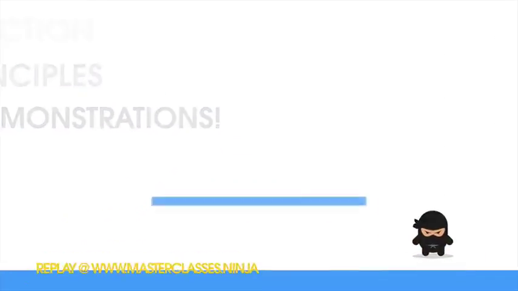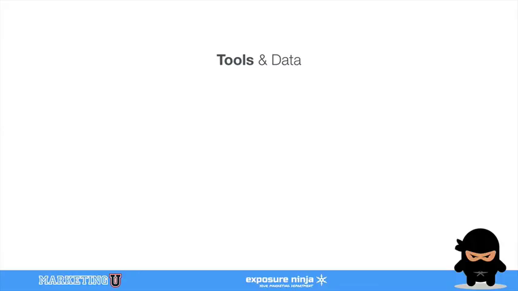But firstly, I want to talk about the importance of tools and data. Now, obviously, competitor analysis is one of those things where there is such a vast amount of information available, right? There are billions of web pages out there, billions of searches happening every month, loads of links and all of this stuff.